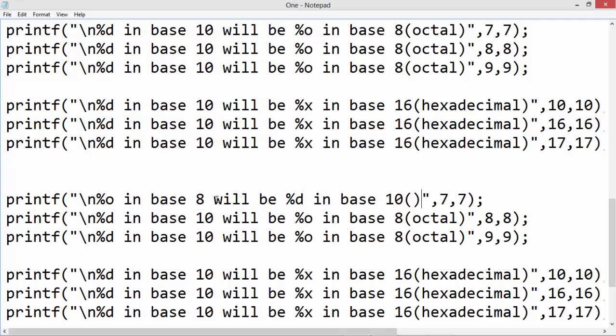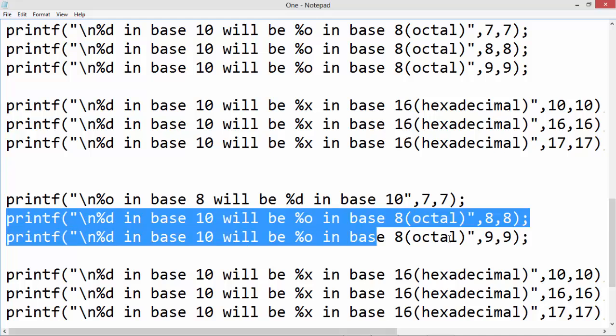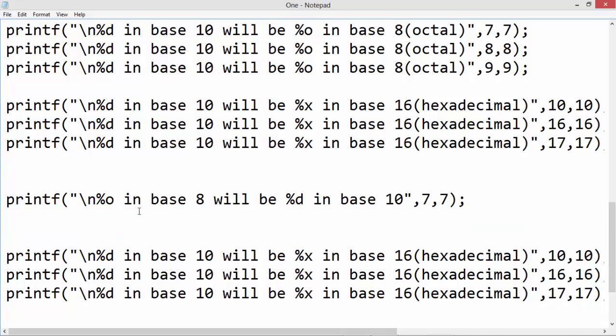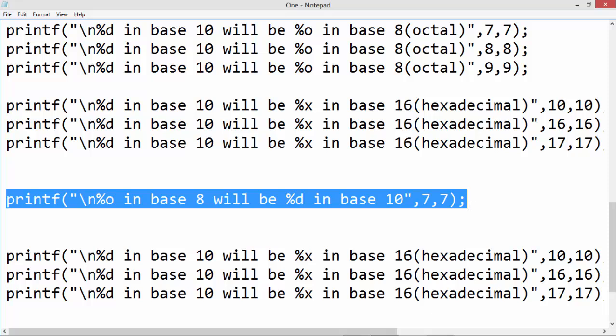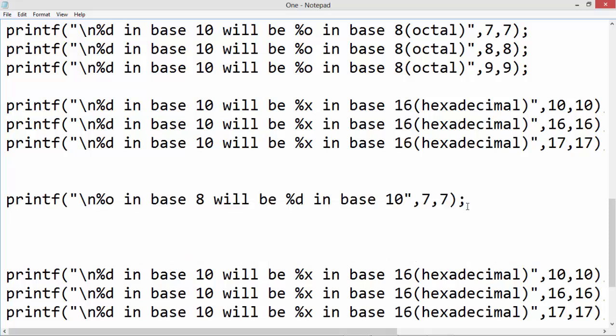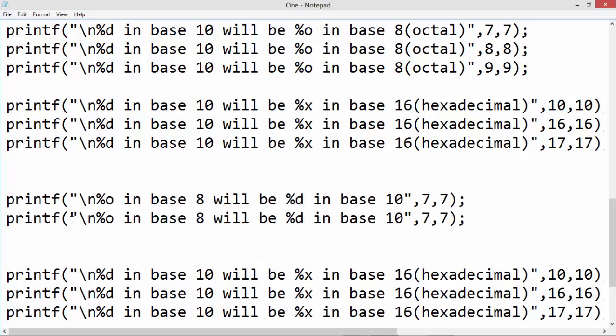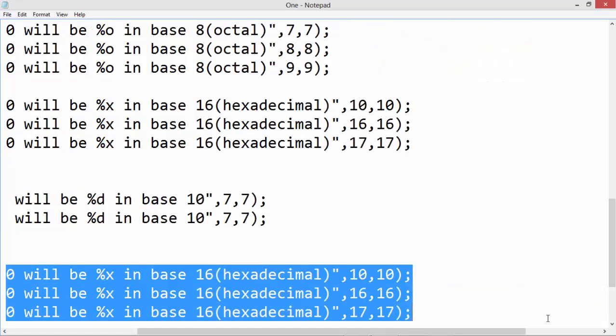I will remove this, and now we say %o, base 8, and try to run this code. Will it really take it or will it give an error? We will see. So we just reversed it.